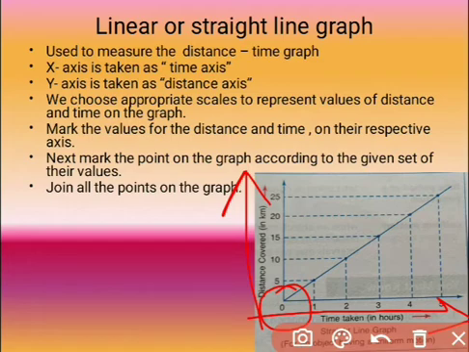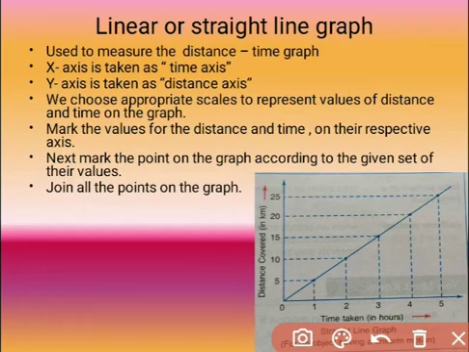We choose an appropriate scale to represent the values of distance and time on the graph. Here in this example we have selected the scale of 5, 10, 15, 20 and 25, meaning that each scale step is equivalent to 5.